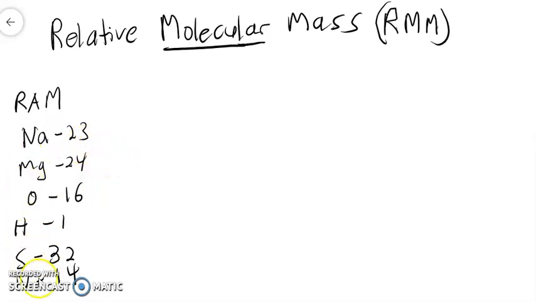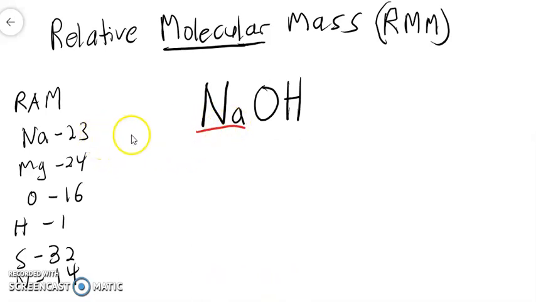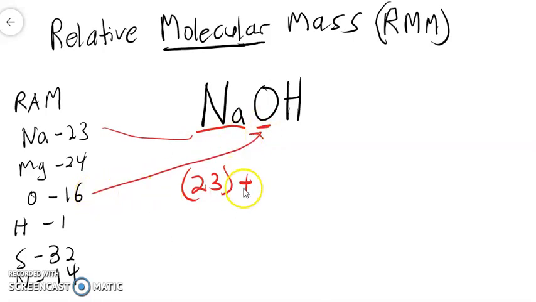Alright, now let us build a molecule from here. Let us look at sodium hydroxide. Here we have sodium, and you have 23. You add oxygen, which is 16.